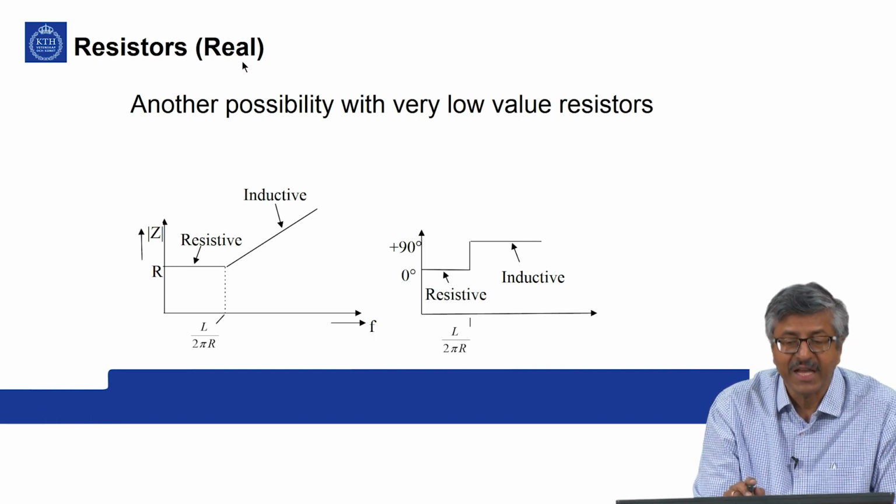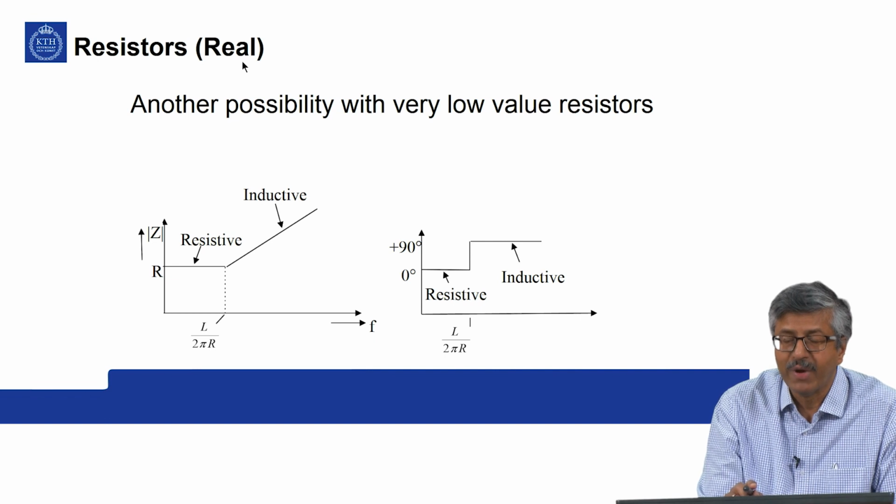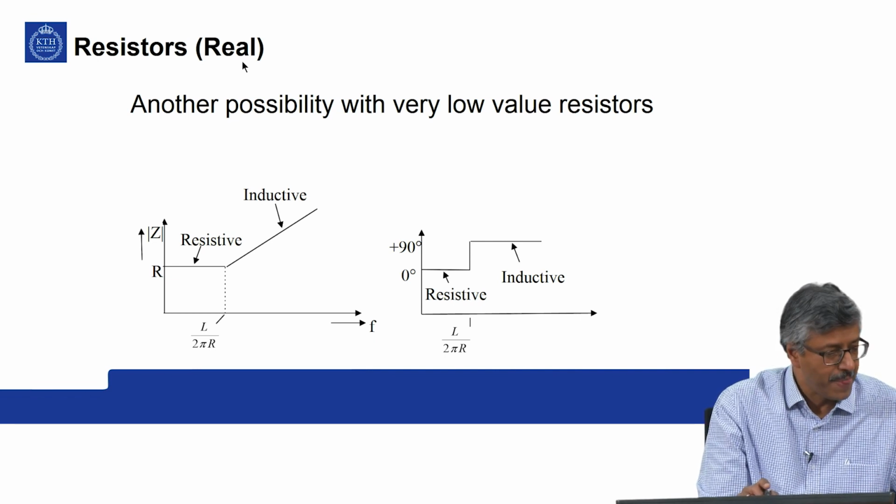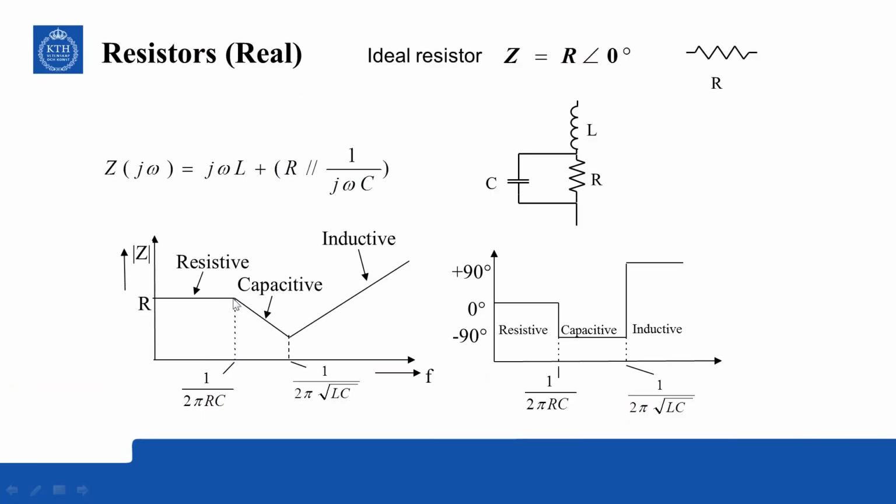Let us consider another possibility with very low value resistors. Now that possibility comes when the inductive impedance first becomes equal to R, and the capacitive impedance, that is the parallel branch, is still very large.